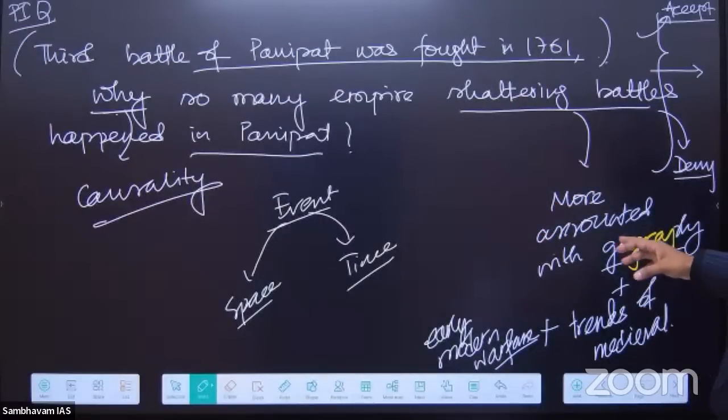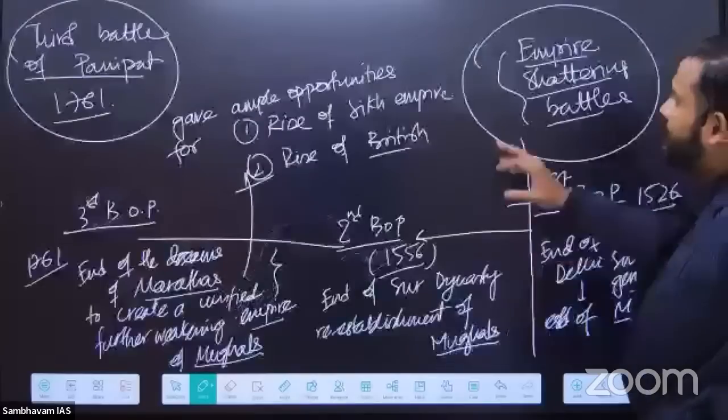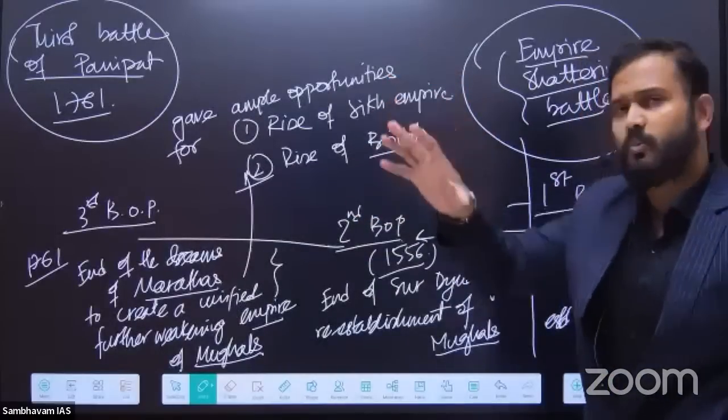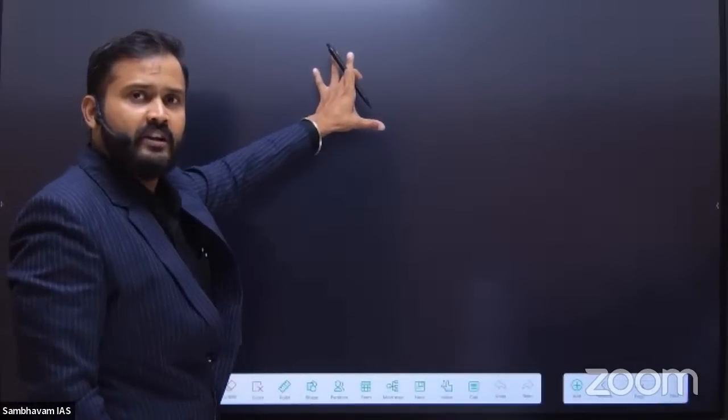So again, we are discussing the component that is empire shattering battles. So we have justified that. I'm telling you components as to what are the ideas you will be arguing and counter arguing. See, at the end, you will understand what exactly I have done.